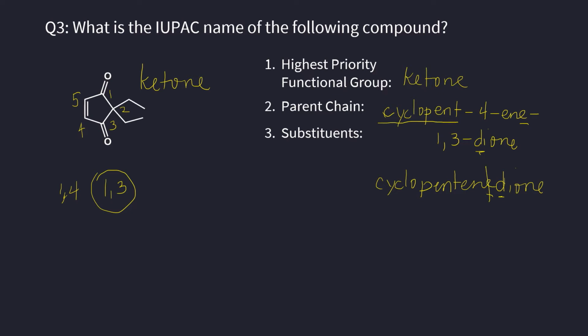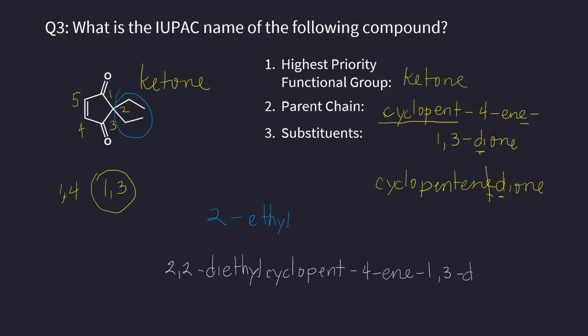For the substituents, we have 2 ethyl groups at the 2 position. Therefore, the name of this compound is 2,2-diethylcyclopent-4-ene-1,3-dione.